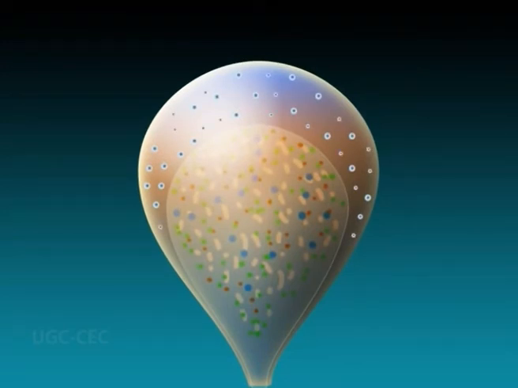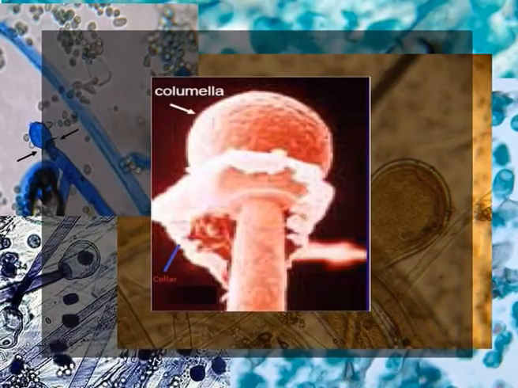On maturity, the contents of the sporangium become differentiated into a thick, dense layer of cytoplasm with many nuclei towards the distal region beneath the sporangial wall, and a vacuolated subglobose and nuclei-free portion towards the center. An extension of the sporangiophore called the columella protrudes into the sporangium.